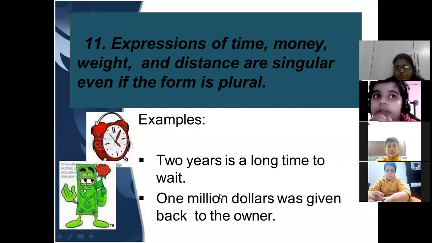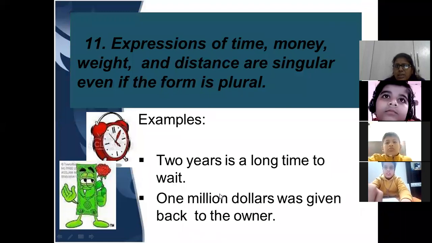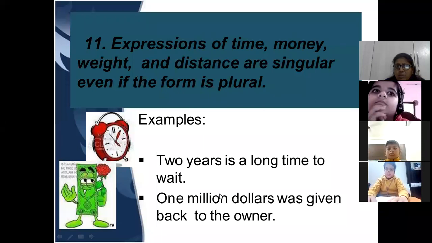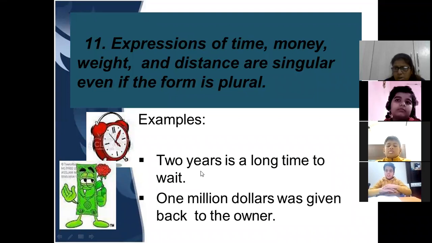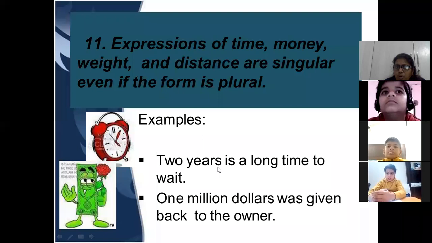Now the 11th one. Expressions of time, money, weight, and distance are singular even if the form is plural. Suppose it is given like, 2 years is a long time to wait. Now 2 years means plural. We are not talking about a single year, but we take it as a unit and we use a singular verb here.